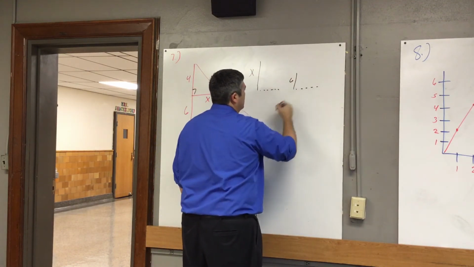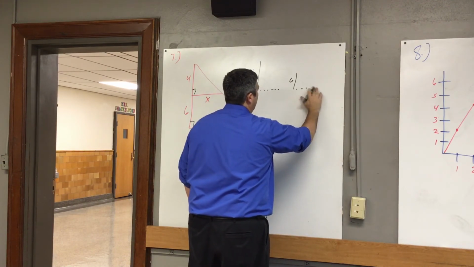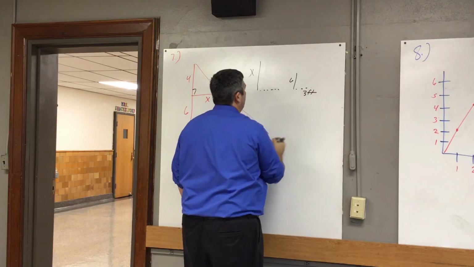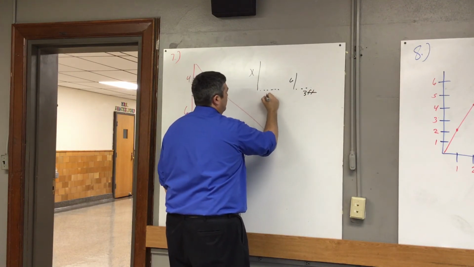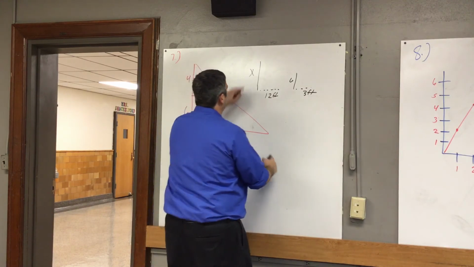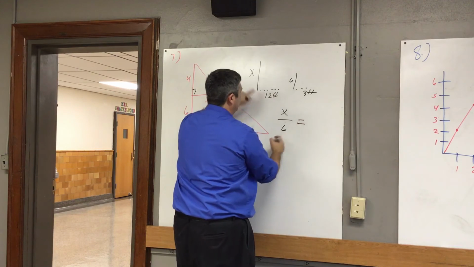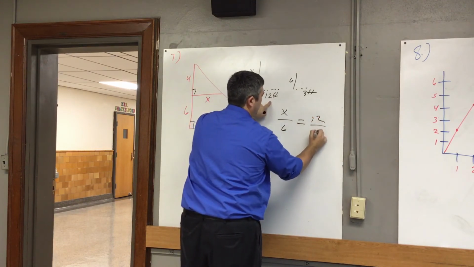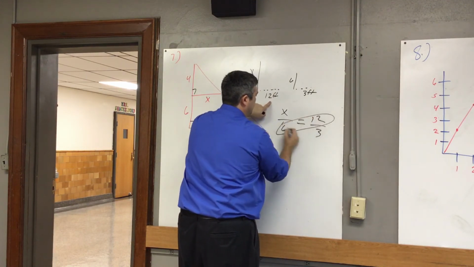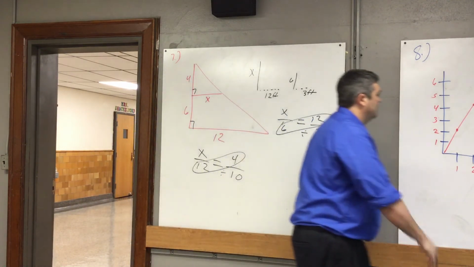You're this tall, 6 feet. You have a shadow of 3 feet. This has a shadow of 12 feet. And you set it up: x over 6 equals 12 over 3, cross multiply, divide. Same type of question, and shadow question, same type of question.